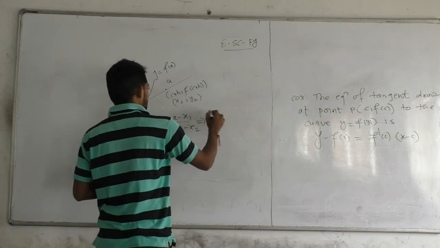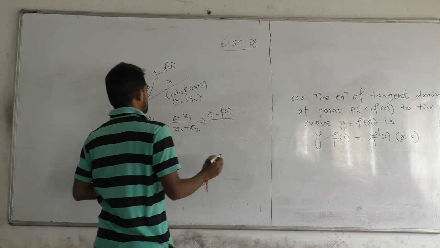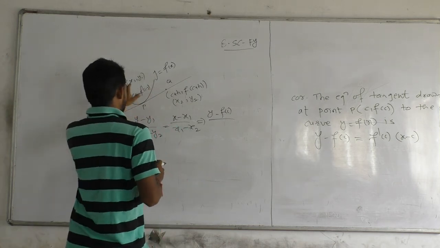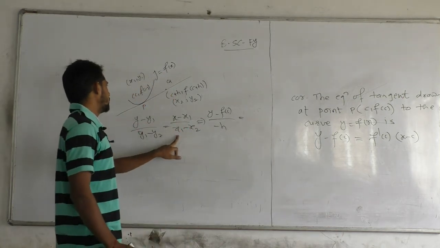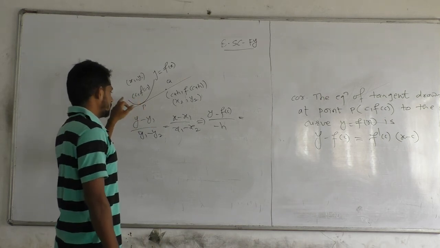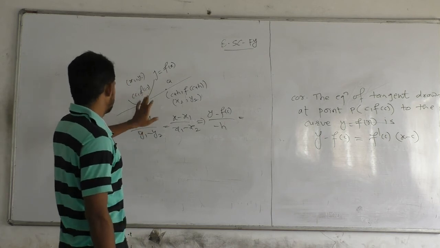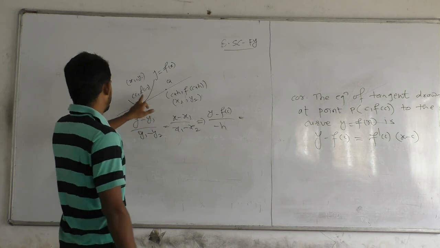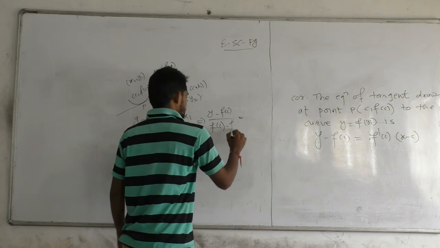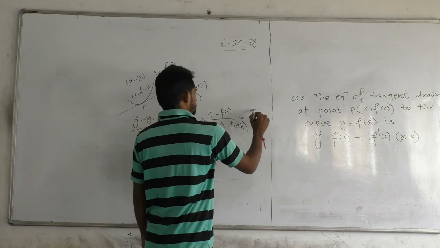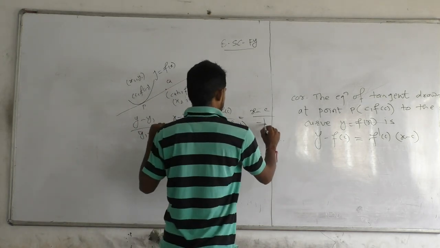So y minus y1, where y1 is f of c, divided by y1 minus y2, where y2 is f of c plus h, is equal to x minus x1, where x1 is c, divided by x1 minus x2, c minus c plus h, which is minus h.